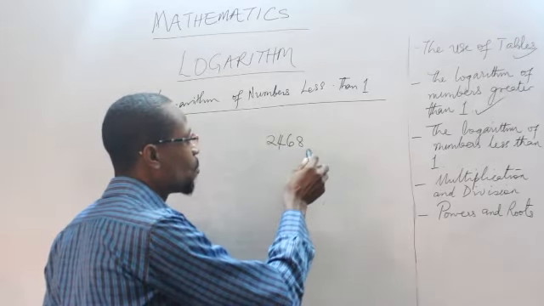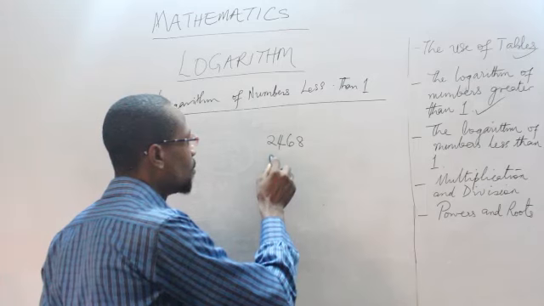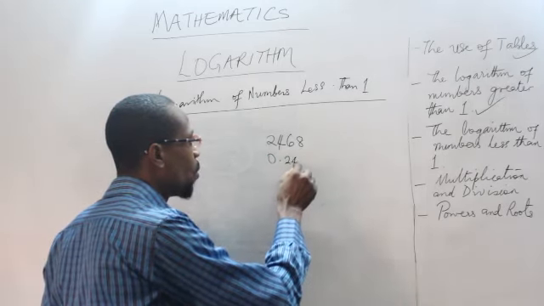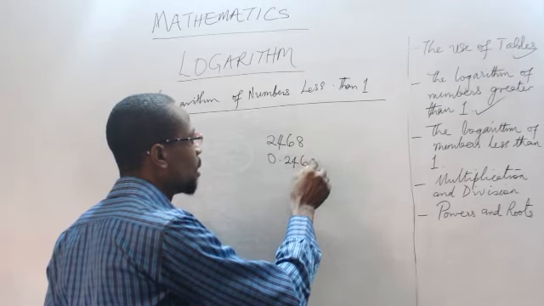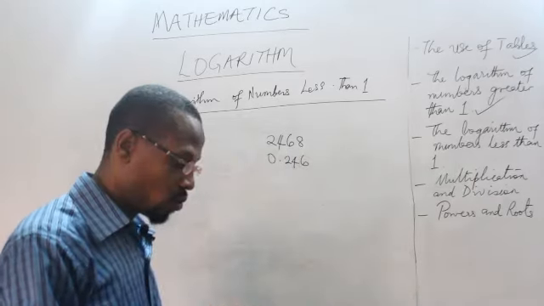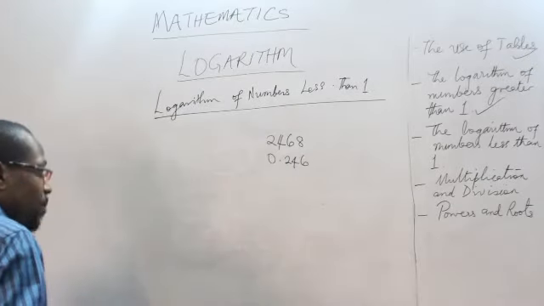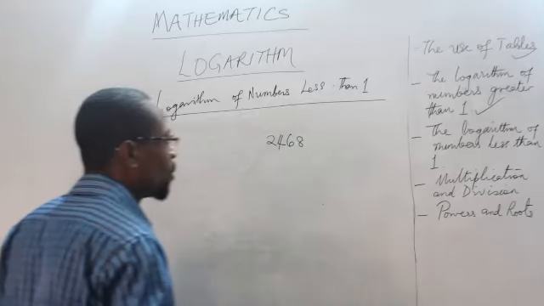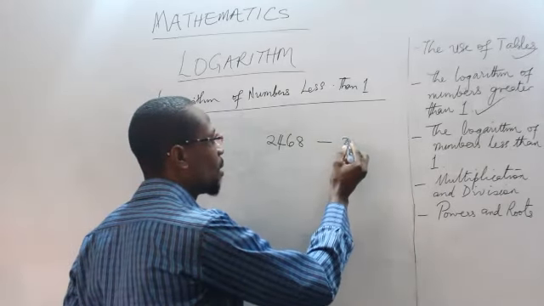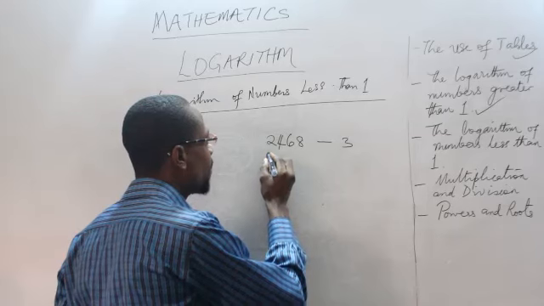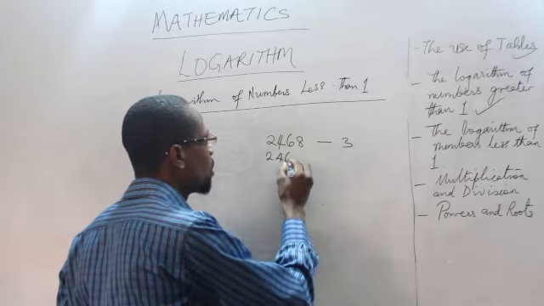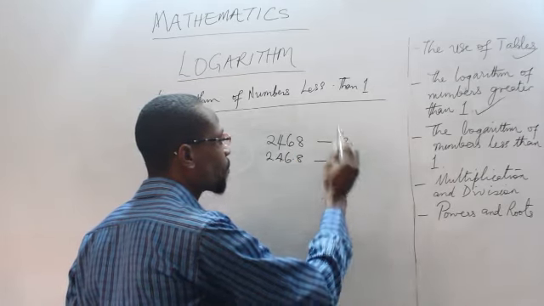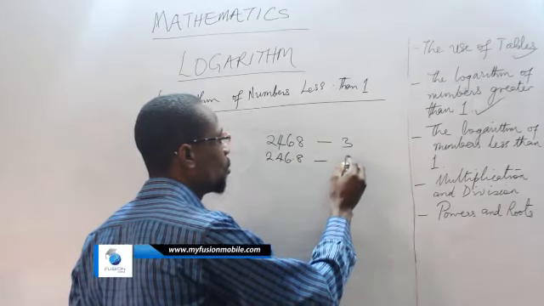Now, what if we have 0.246? Okay, before we go that far, let me go this way. Of course, our characteristic here was what? 3. So when we have 246.8, our characteristic becomes what? 2.